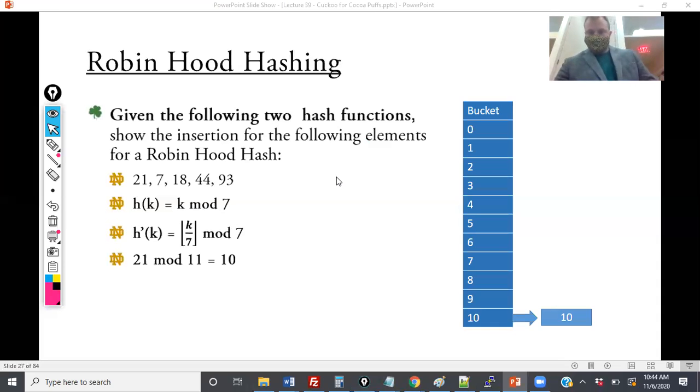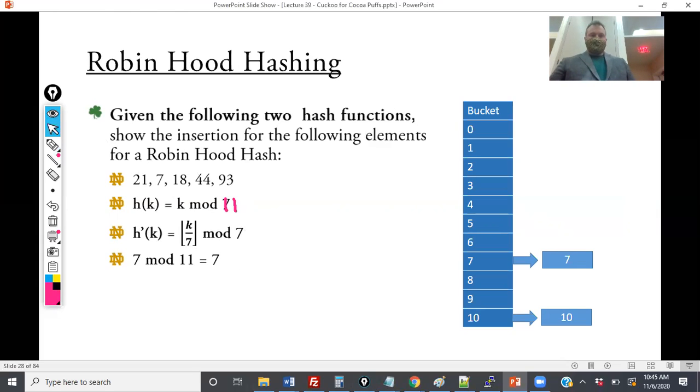Okay, I apologize for this. I guess I just put in 11, now we're doing 21 mod 11. So 21 is going to go to 10. And what's going to happen next is that 7 mod 11 is going to go to 7, like so. Here, just to make it less confusing, I'll put 11 there.